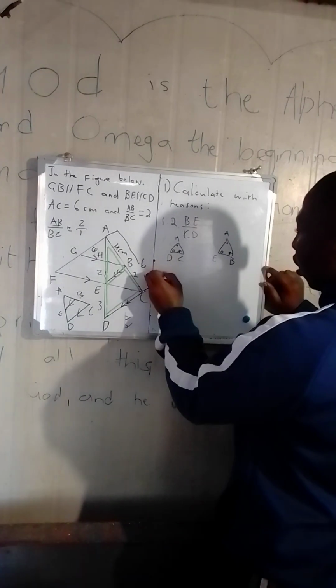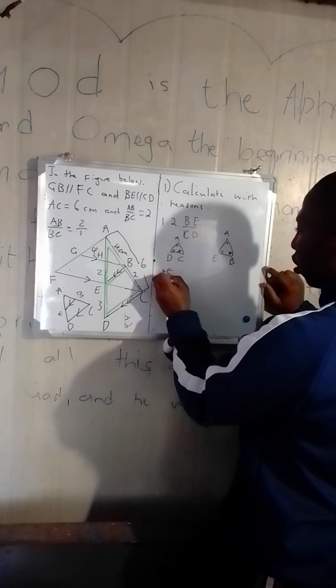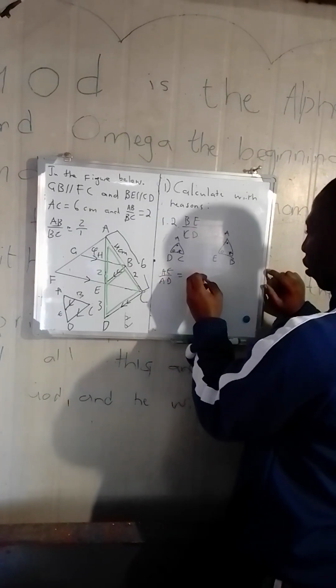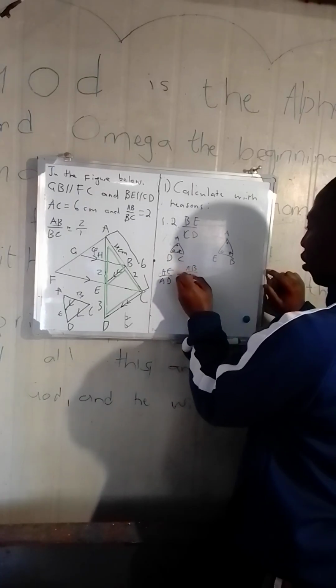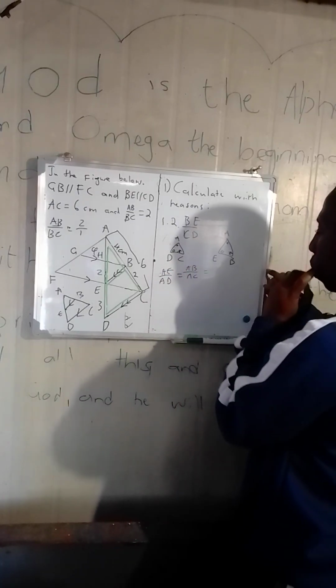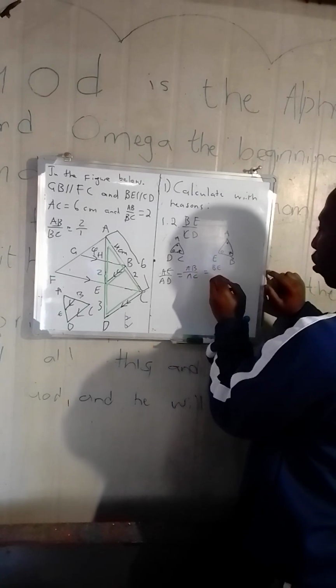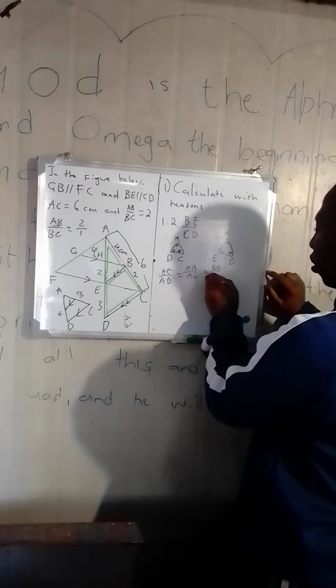So it's AE over AD equals AB over AC, which equals BE over DC.